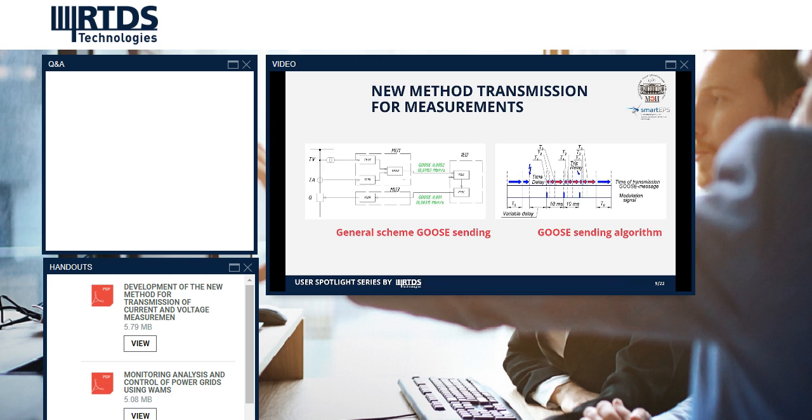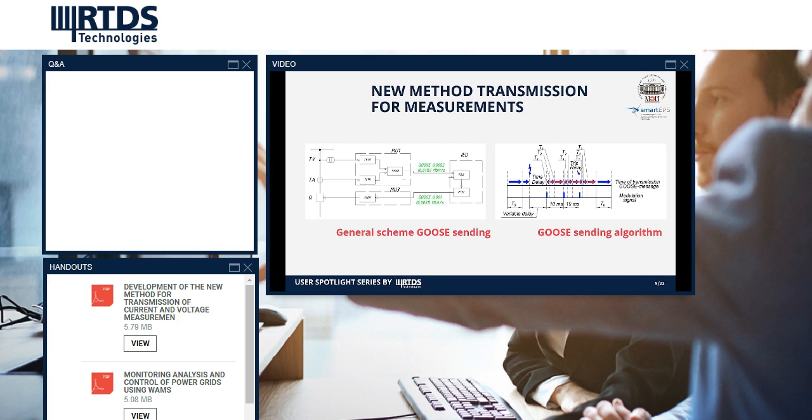Transmission of GOOSE messages in normal mode is carried out at intervals of every 1 second, parameter T0. In the event of a technological failure, for example, a short circuit, the fault detector is triggered, which determines the fact of an emergency situation.